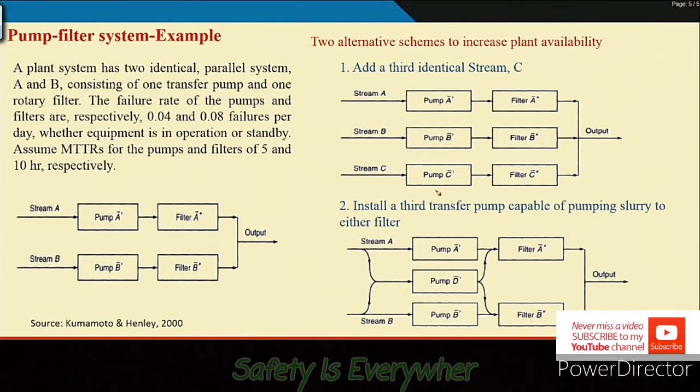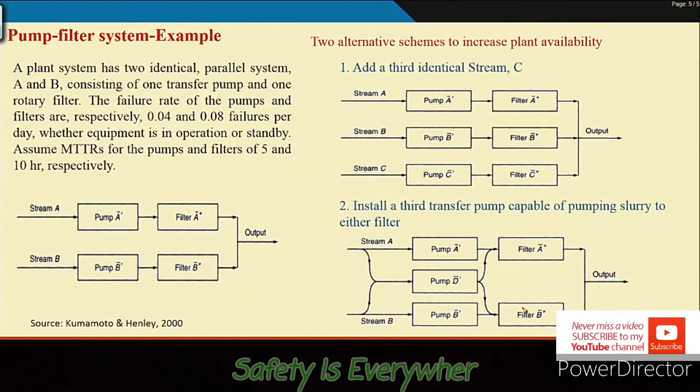So, if we include these two alternatives with the existing one, then we have three different choices. One is maintain the status quo, second is add a third identical stream C, and third is add a third transfer pump which is capable of pumping slurry to both the filters.